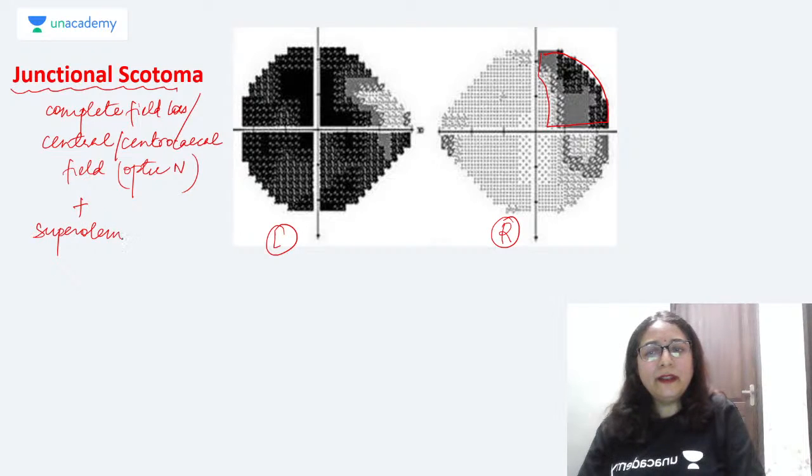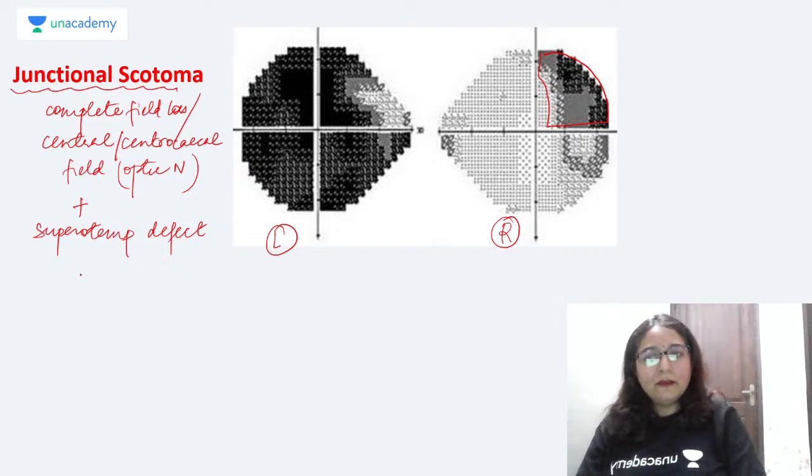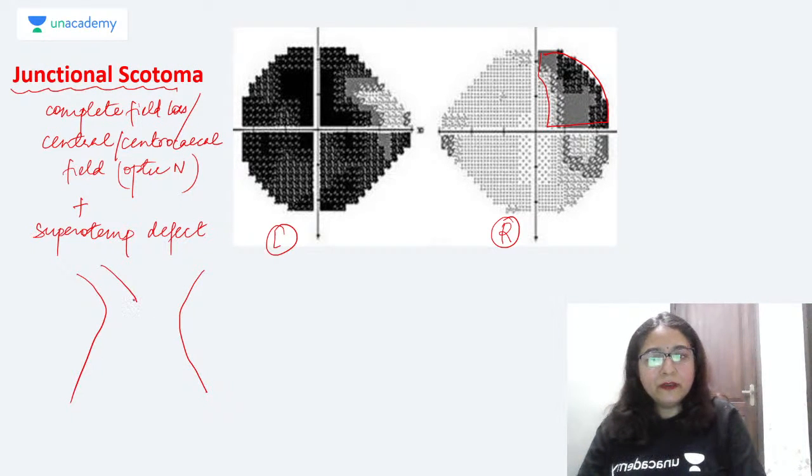So this type of field defect is known as junctional scotoma. This is produced by lesions in the part of the optic nerve just before the optic chiasma.